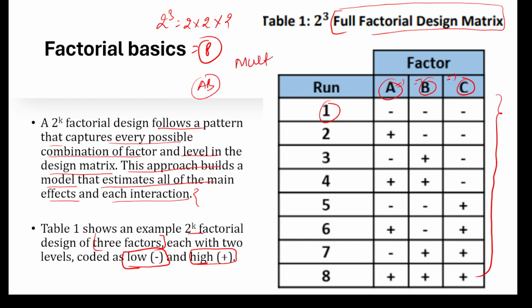The multiplication of negative, like minus into minus will become positive, plus into minus will become negative, negative into positive will become negative, and plus into plus will become positive. So once we talk about the interaction effect, we need to follow this.